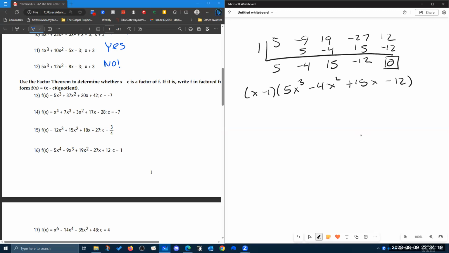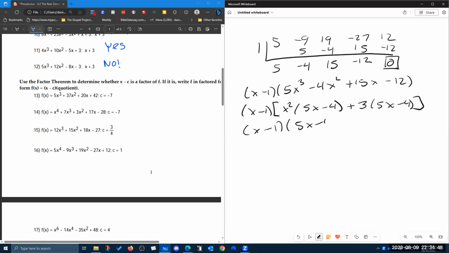We can factor further. Remember, we can factor by grouping here. And that last one is an irreducible quadratic, so we're not going to mess with it anymore.